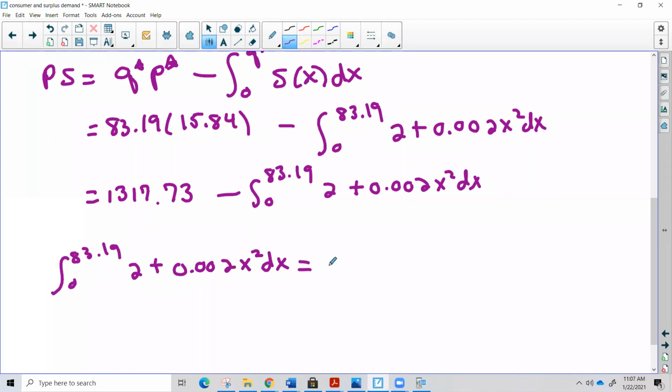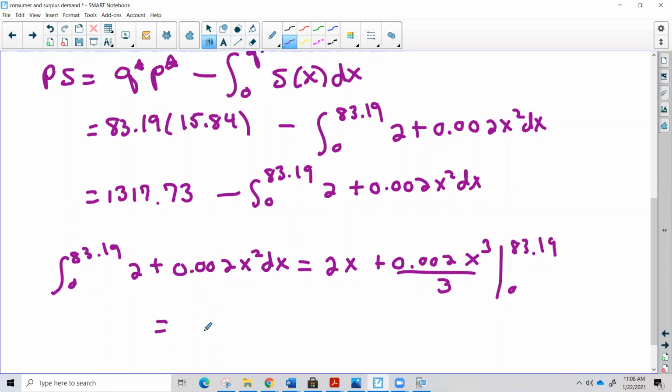Okay, so the antiderivative of 2 is 2x. The antiderivative of 0.002 is going to be x cubed over 3. And I'm going to divide the 0.002 by 3. Actually, I'm not, because it gives me a really long decimal that's in scientific notation. So I'm just going to leave it like this so I have a more exact answer.